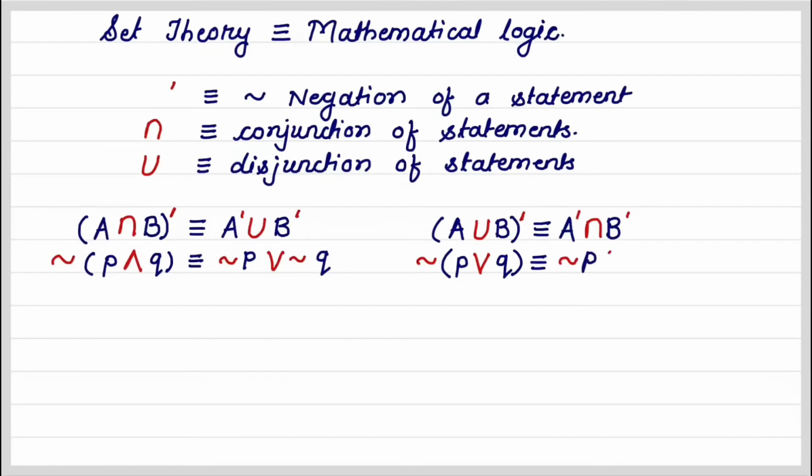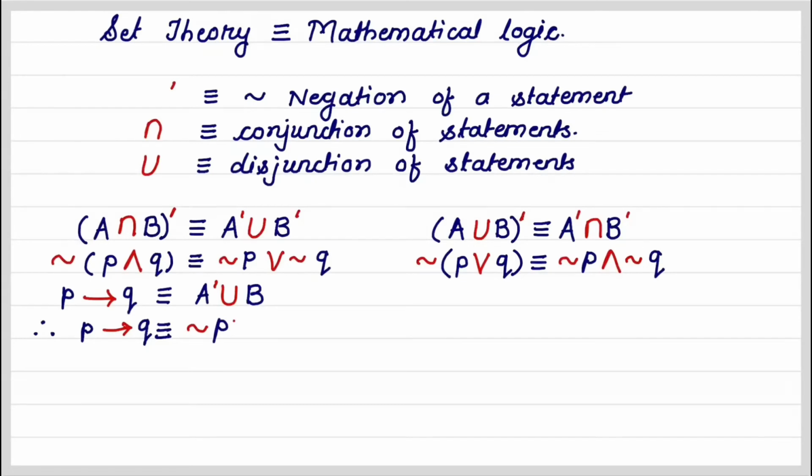Now we have to derive the formula for negation of P implies Q. But P implies Q is equivalent to A complement union B. That means P implies Q is equivalent to negation of P or Q. Now we have to derive the formula for negation of (P implies Q). Apply negation on LHS and RHS.